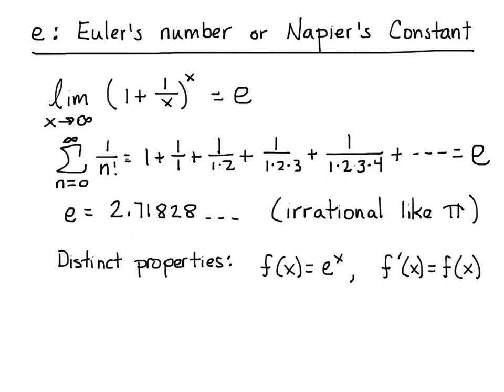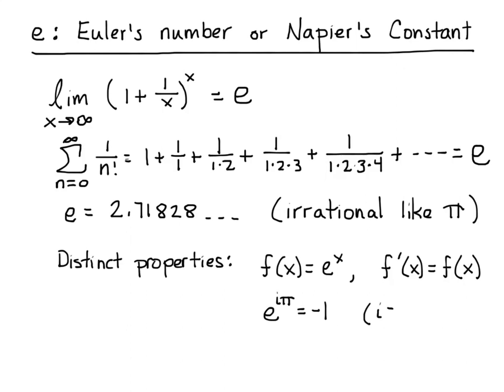There's no other function that has that property where the derivative equals the function. Of course, if you have something more complicated than x, like e to the 2x, you have to use the chain rule to figure out the derivative. But the derivative of e to any variable is just e to that variable.